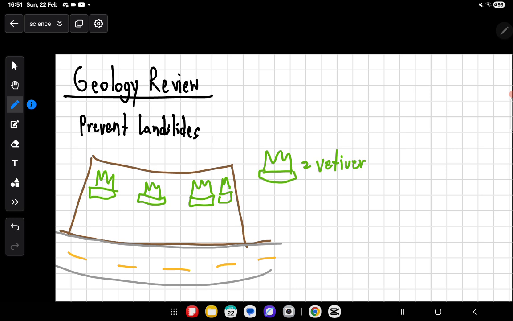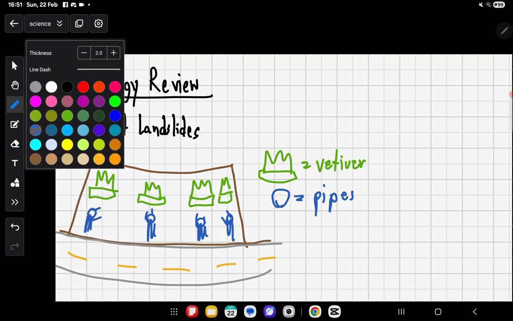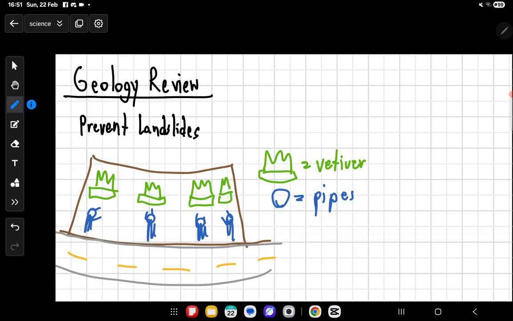That's our vetivers. Now, what are these? GTT. These are the pipes. These pipes are going to pump out water. And then there's gonna be more vetivers below here, so they can collect the water and keep growing. And that is one of the ways we can prevent landslides.